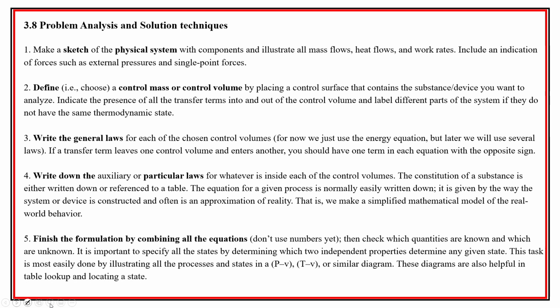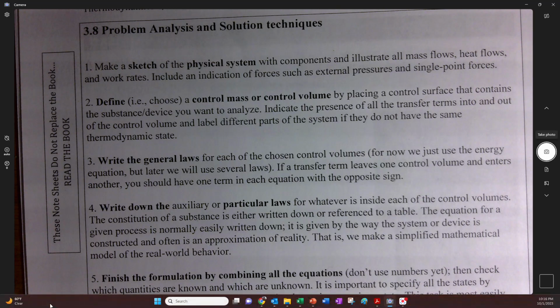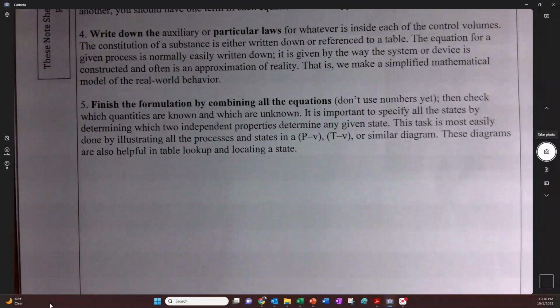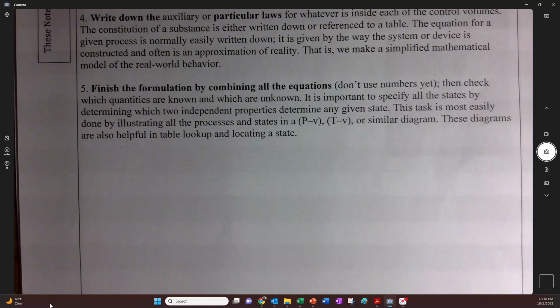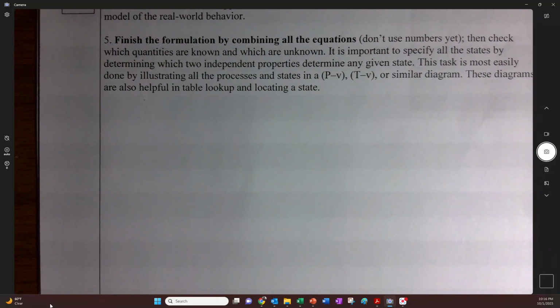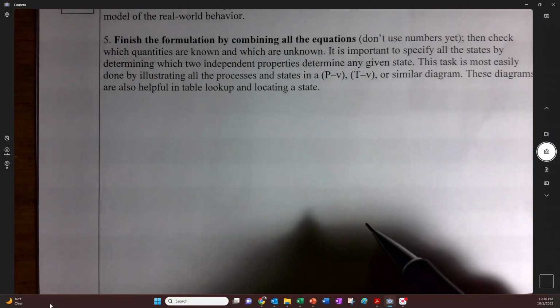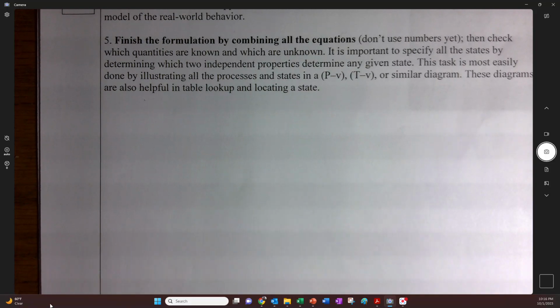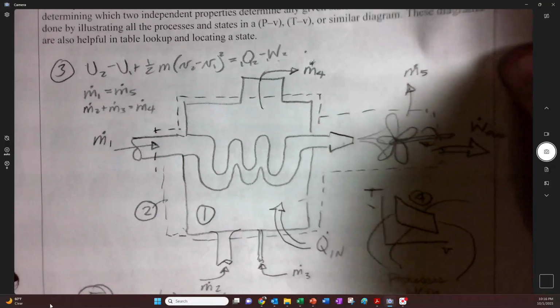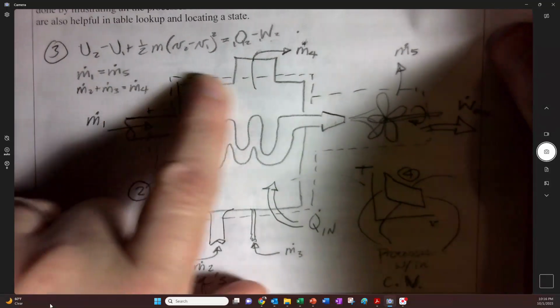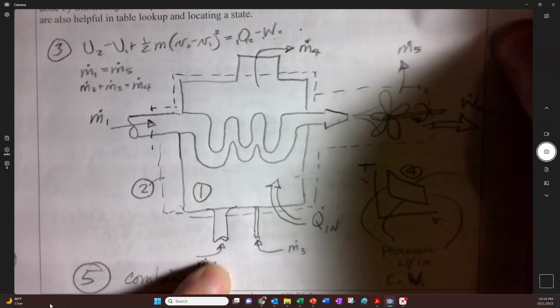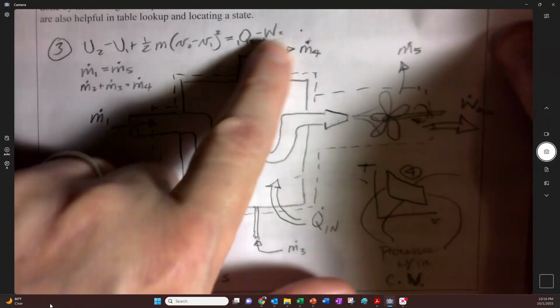And I don't know if I have a particular problem in mind that I would want to use as an example. I drew some crazy stuff on my page, and I'm not sure it's worth our time to regurgitate what I put on there. Here, I'll show you what I did. I drew up a bunch of things and said, here is the dashed line, and we have mass flow coming in, mass flow coming out.